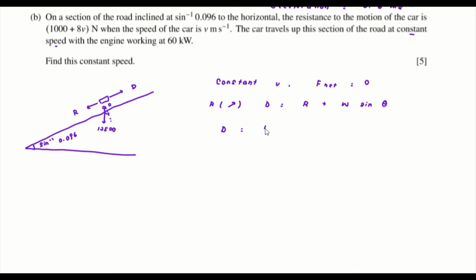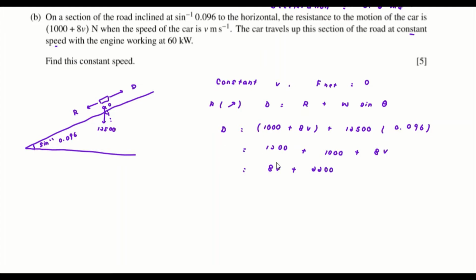So the resistance is given, 1000 plus 8V, and our W here is 12500. After you multiply by sine, it's going to give you back the decimal, 0.096. So let's do some calculation. It's going to be 1200 plus 1000 plus 8V. So that is 8V plus 2200.